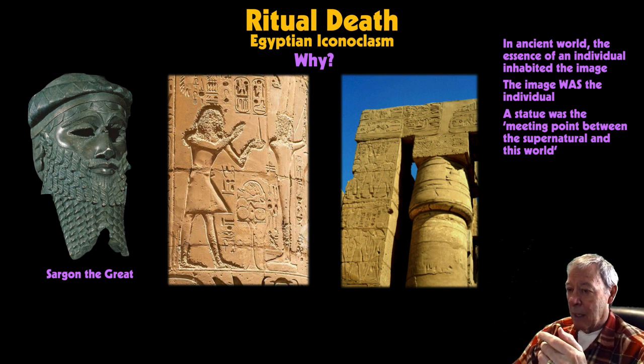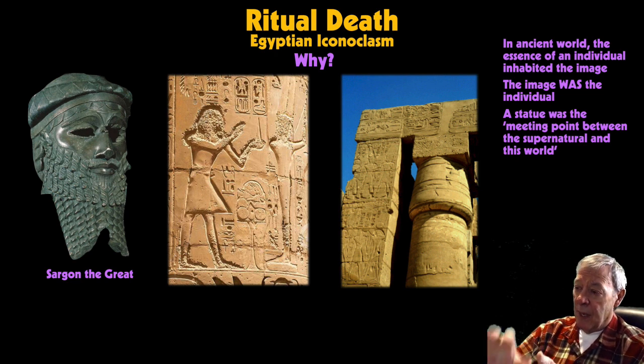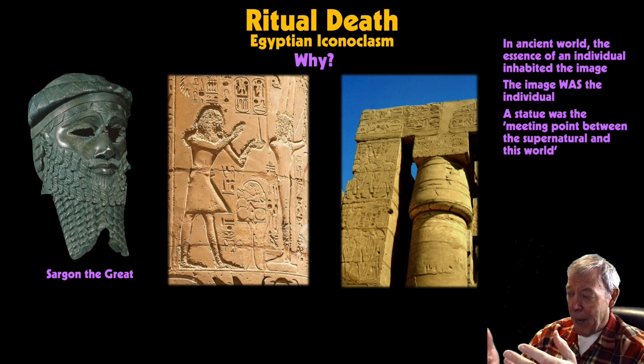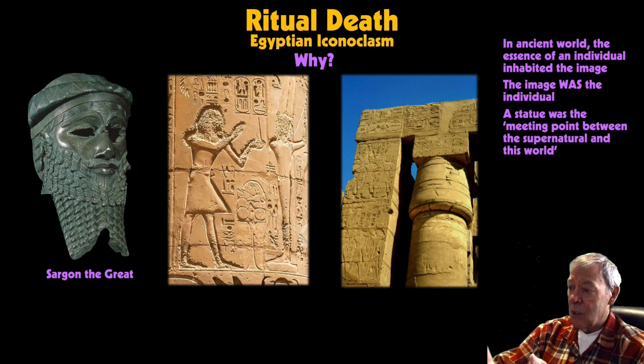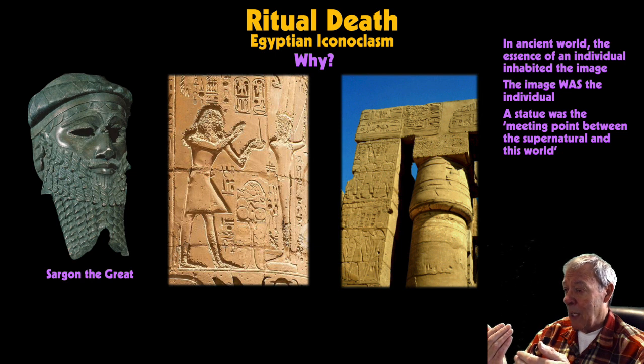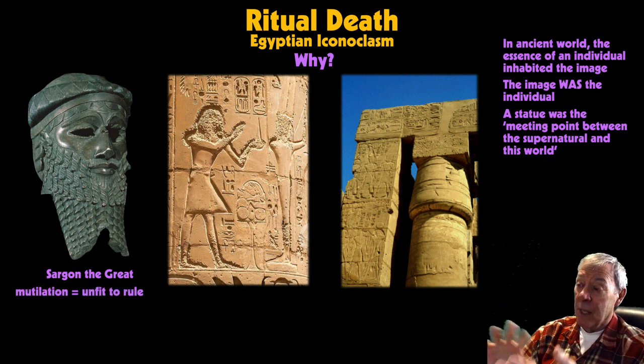Well, another thing to keep in mind is that among many ancient cultures, in order to qualify for rule, kings had to be physically whole. So say a king is captured on the battlefield, and there's no need to kill him, to execute him, in order to prevent him from ever regaining his throne, because all you had to do was mutilate him, and that rendered him unfit to rule.